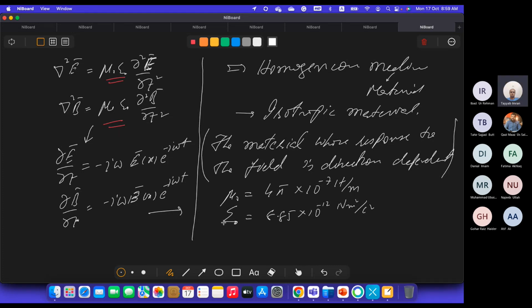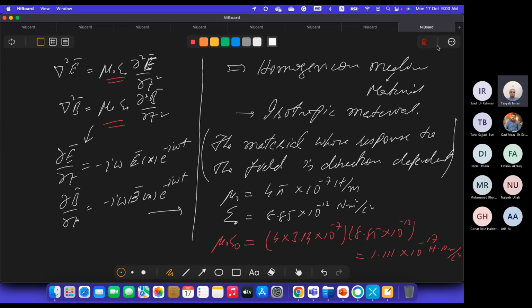So if we multiply both these values, the answer we get after multiplying would be 1.11 times 10 to the power minus 17 H and m over C square.